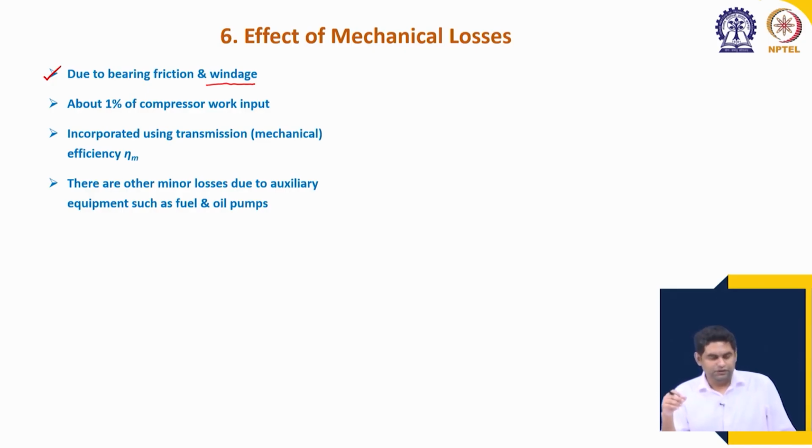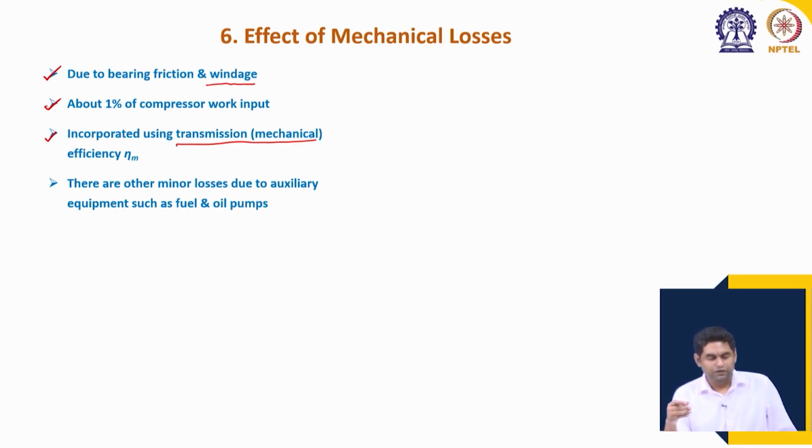These amount in total to a very small value, less than 1% of the compressor work input or about 1%, and to quantify this we define a parameter called transmission efficiency or mechanical efficiency.